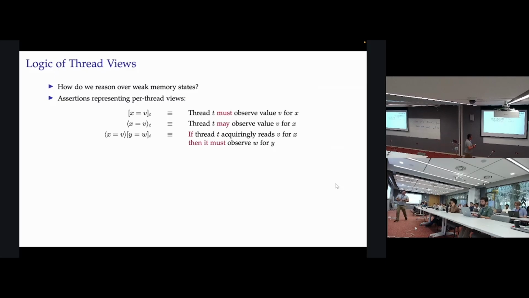So what do we have in the Hoare logic? What do we need to know? We need to know what predicates are, right? And what was the type of a predicate? Does anyone remember? Sigma to bool. Right?